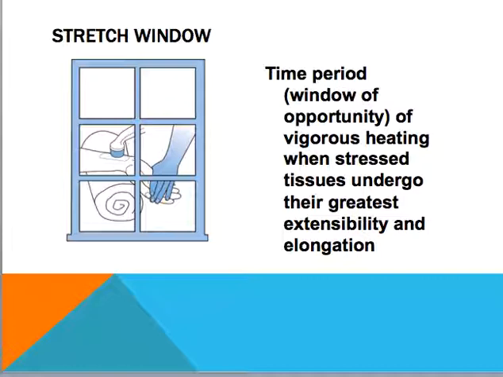So let's say your ultrasound is going to last 5 minutes, and then you can add on about 5 other minutes, knowing that that's your stretch window. So if you start the stretch at the beginning of the ultrasound, you have a total of 10 minutes of stretch that would be effective rather than waiting until the ultrasound is over and then you only have 5 minutes. So a little note on the stretch window and how to properly utilize it.